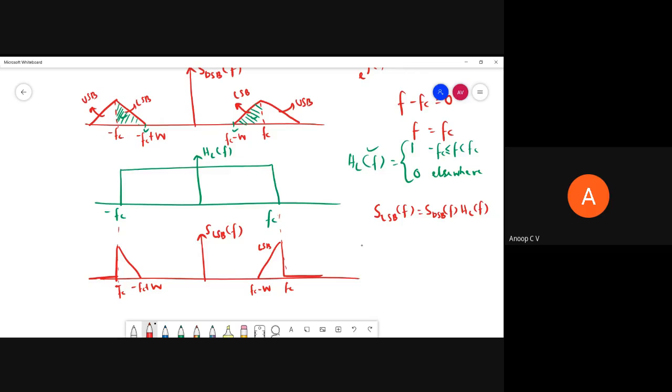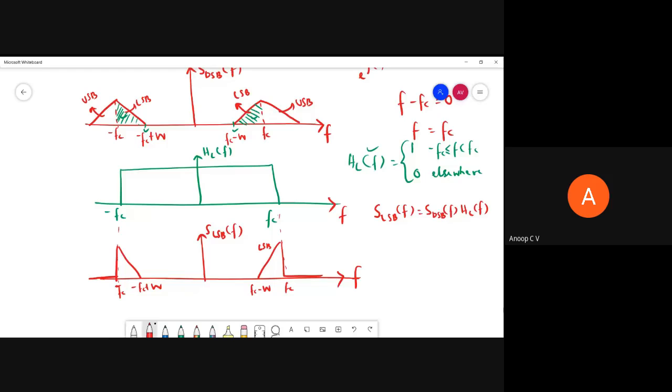So now only the lower side band is there. This is S LSB of F. I forgot to mention, in all these cases the independent variable is frequency. So this is how we can visualize the generation of SSB in the frequency domain, right?